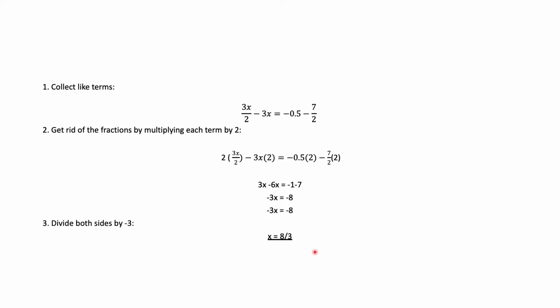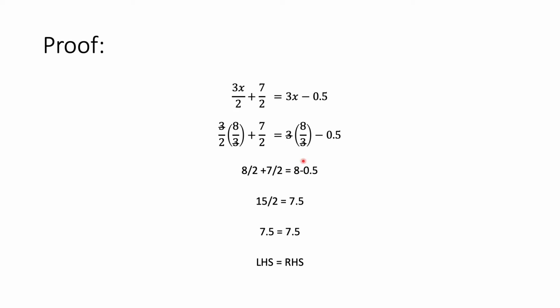But how do we know it is correct? We know it's correct by doing the proof. So if we do our simple proof here, this is our original equation, 3x over 2 plus 7 over 2 equaling 3x minus 0.5. So we substitute wherever there is x, we substitute the value of x.